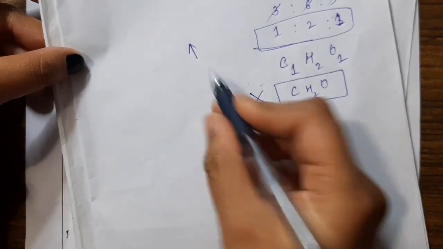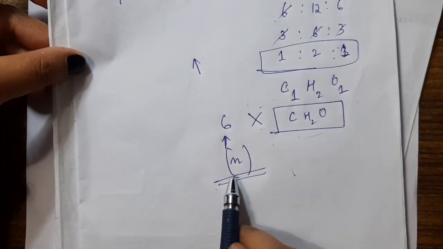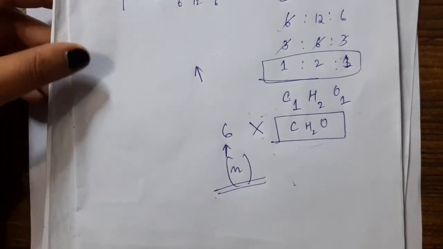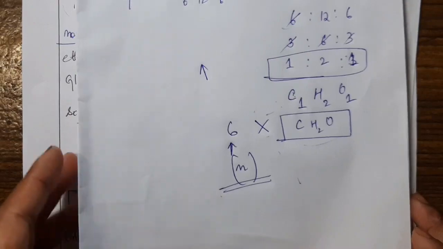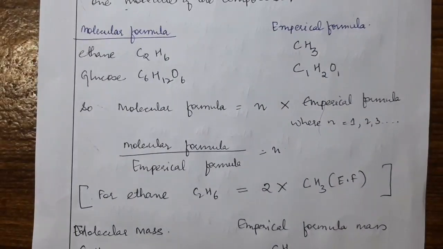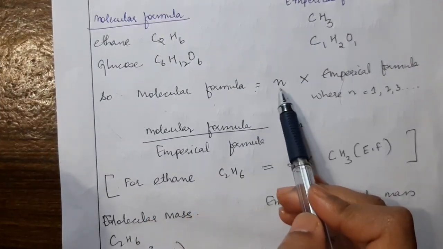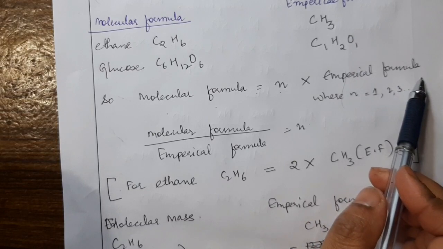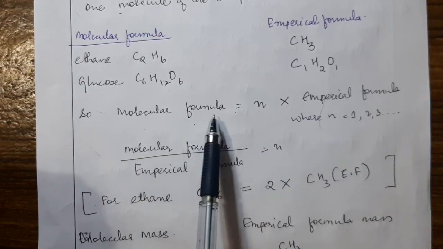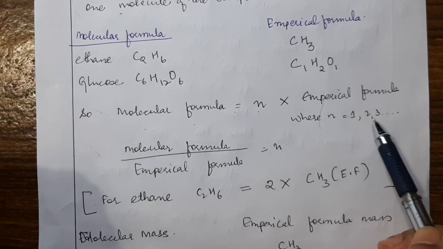So the 2 and 6 out here can be written as n. Okay, and n can be any integer: 1, 2, 3, 4, 5, 6, like that. So from this we got one relation, which is molecular formula equals n into empirical formula. Remember this one: n is any integer, can have the values 1, 2, 3.